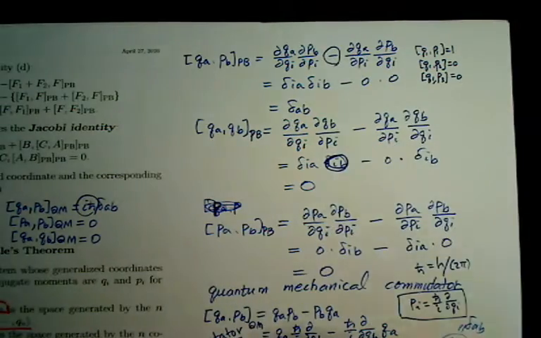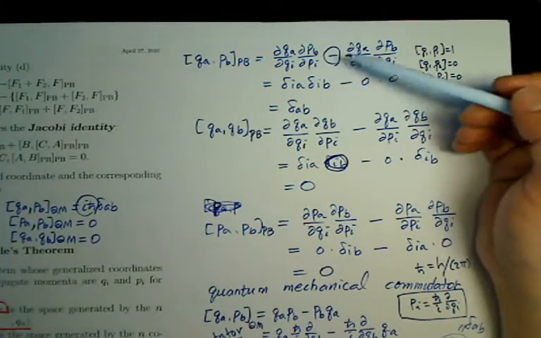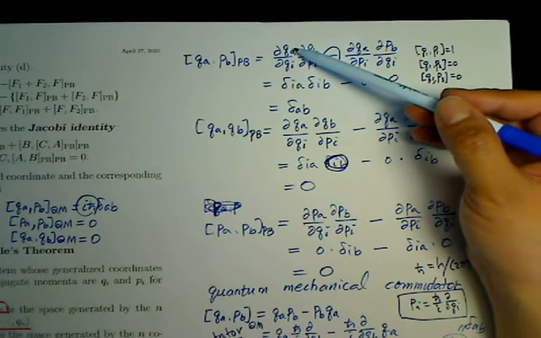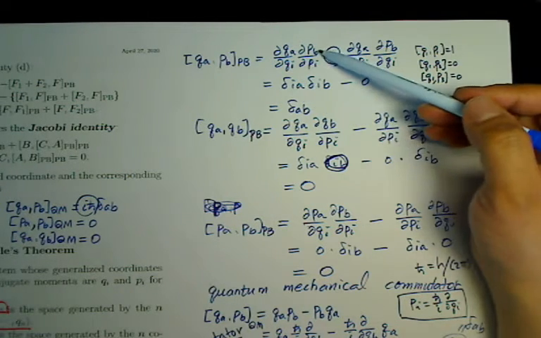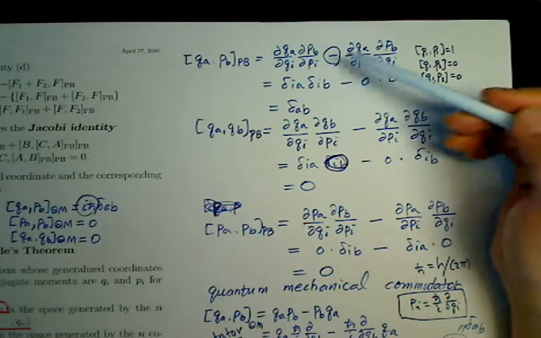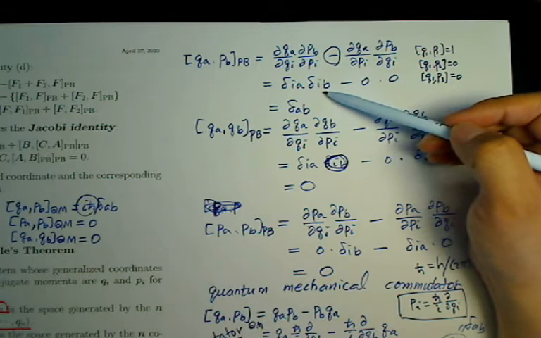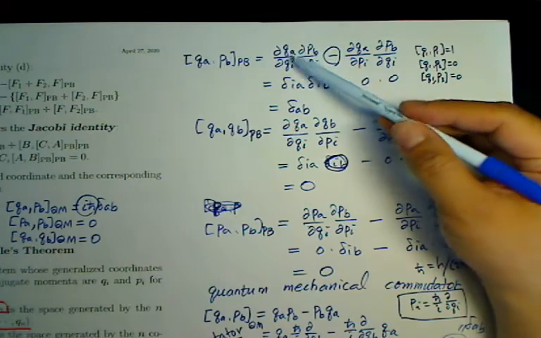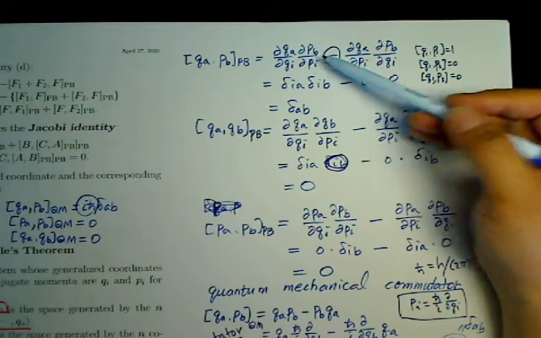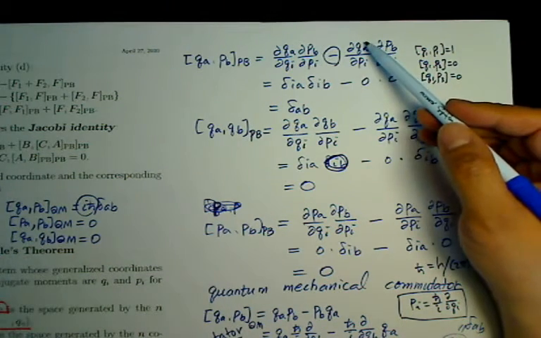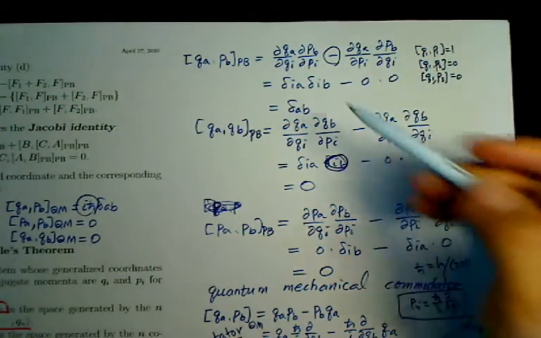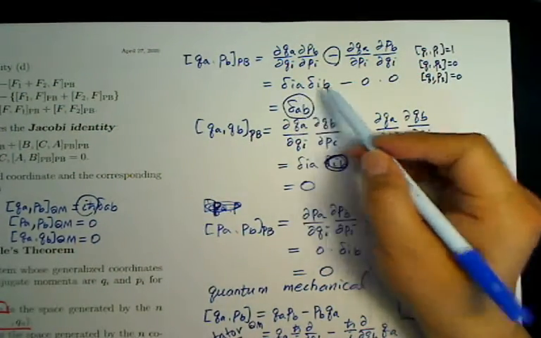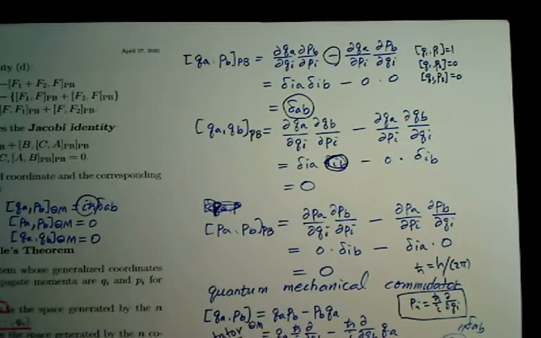The partial derivative of a coordinate gives the Kronecker delta, and of momentum, delta. Coordinate with momentum vanishes, momentum with coordinate vanishes. Therefore, if I sum over i, we have delta AB.